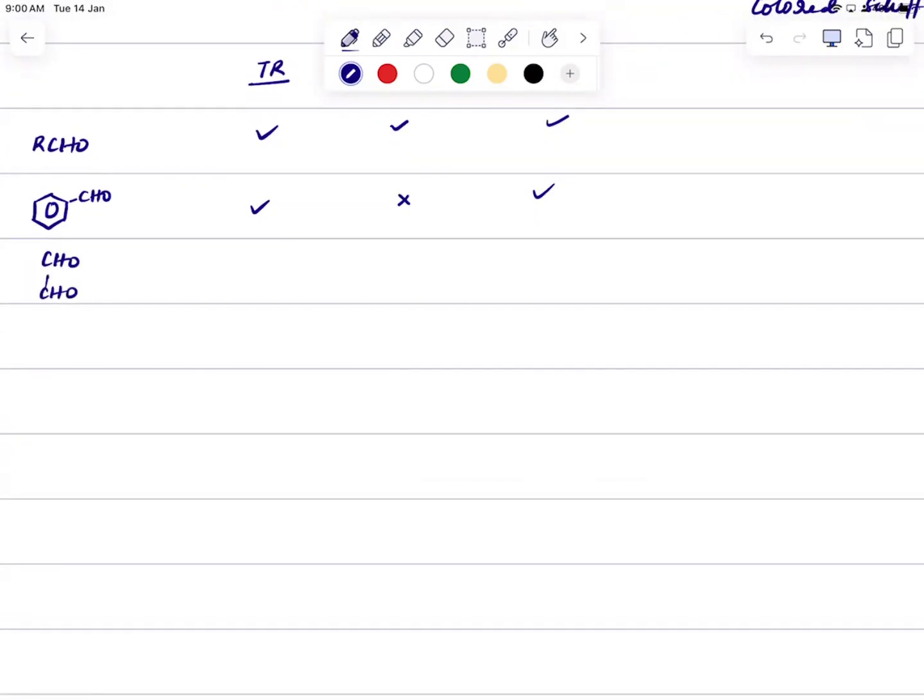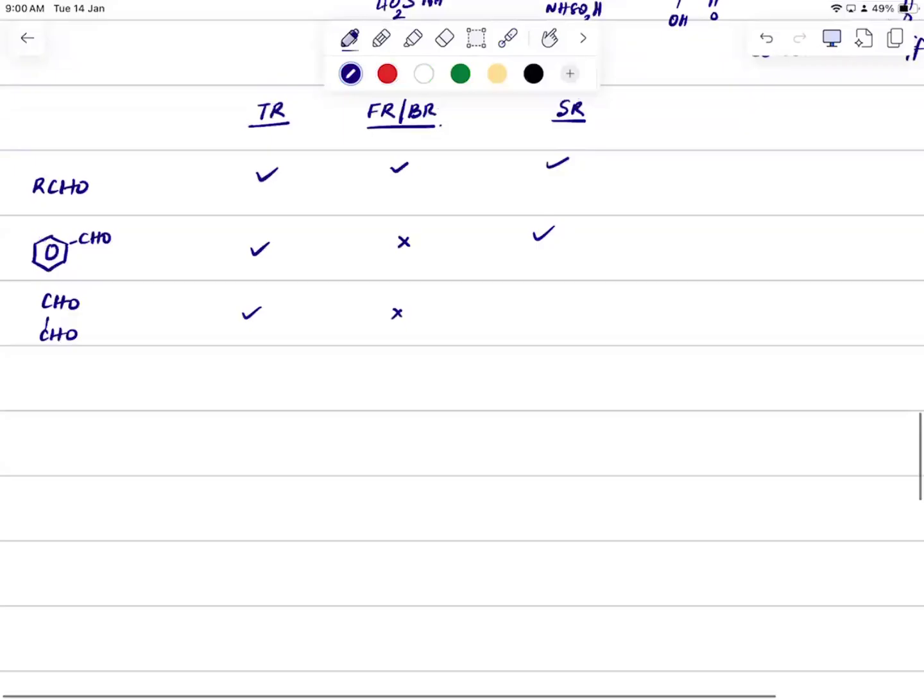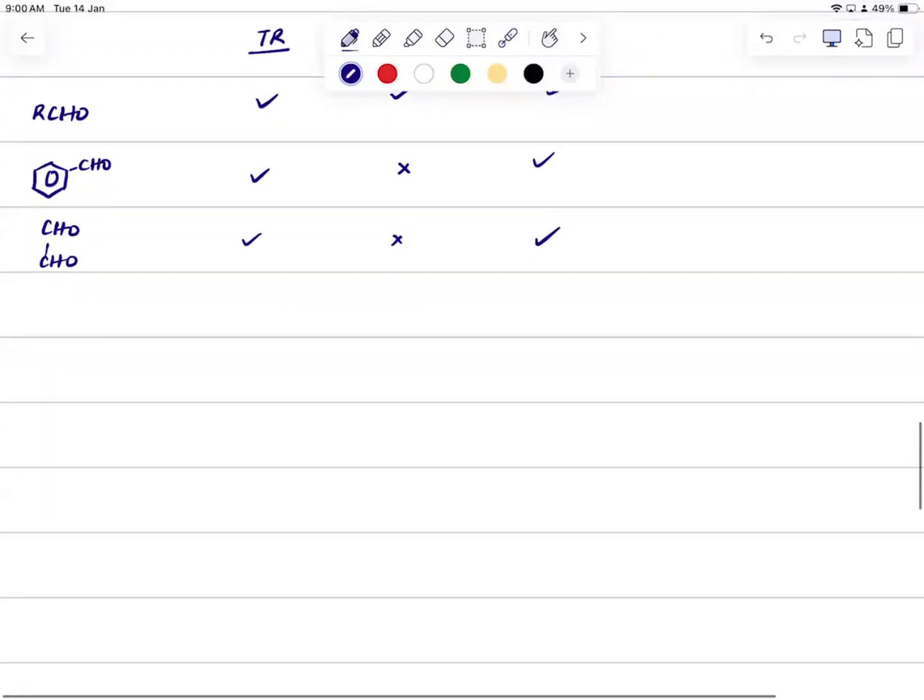Then if you have glyoxal here, this is glyoxal, then this will not give, but the Schiff test will be observed. Okay.